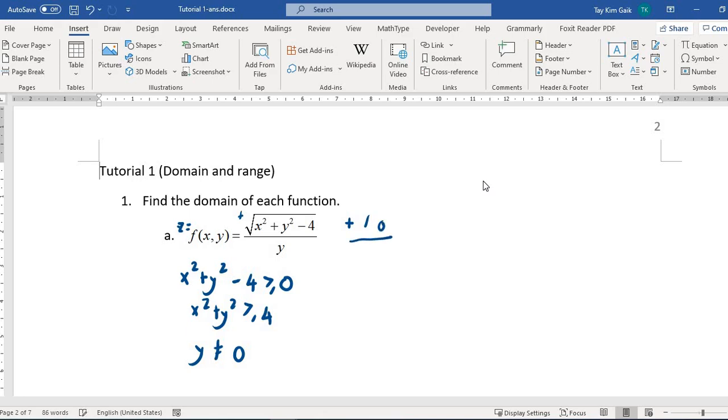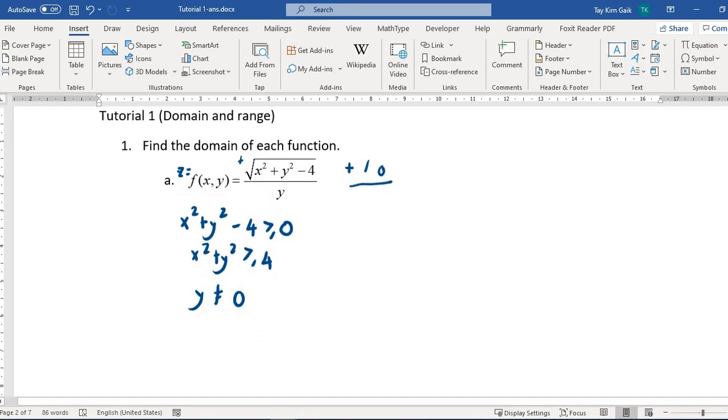So if you divide by 0, you have an indeterminate form, 0 divided by 0, or if you have a positive value divided by 0, you may get infinity. The function is defined on real values only. That's why, to make the function defined, y cannot be equal to 0.